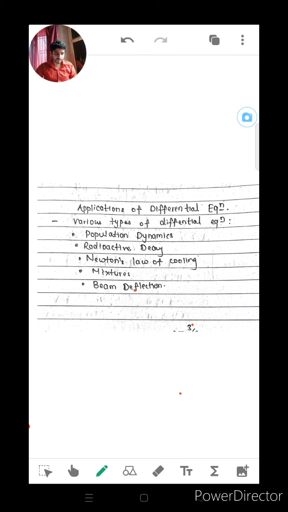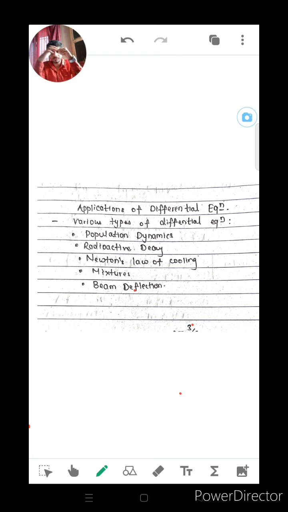Today we'll be discussing the application of differential equations and its approach to civil engineering. So without any delay, let's move to the application of differential equations.